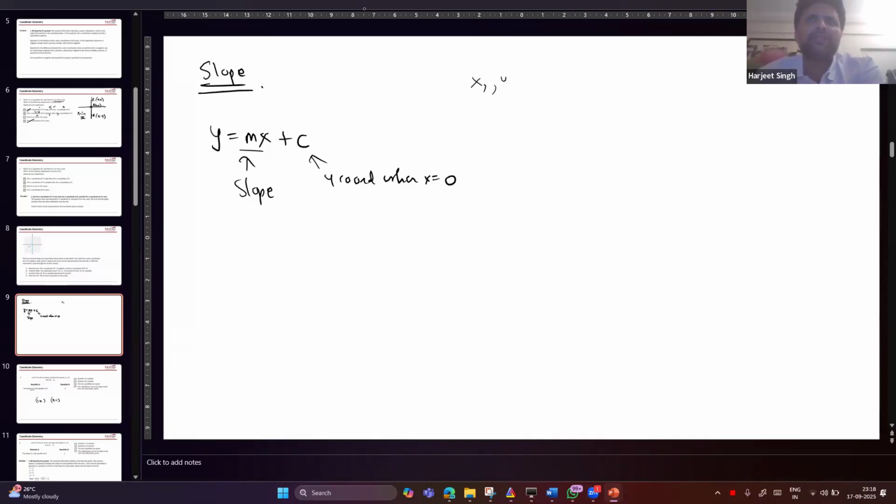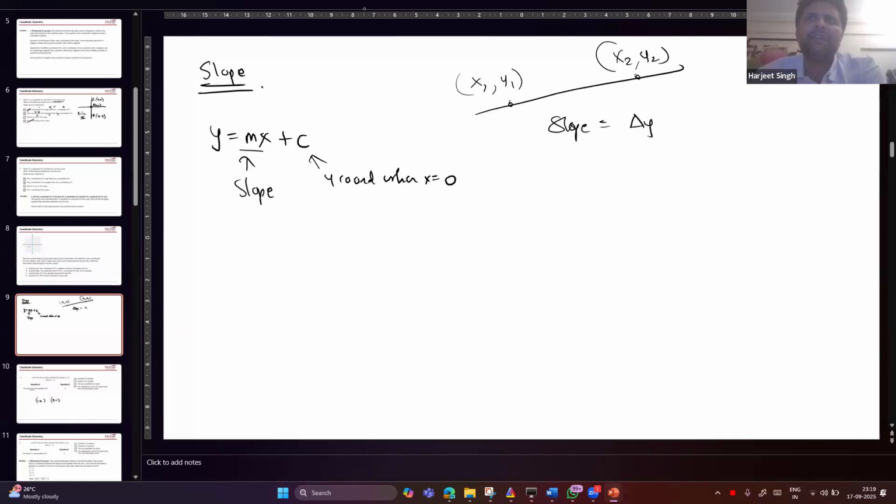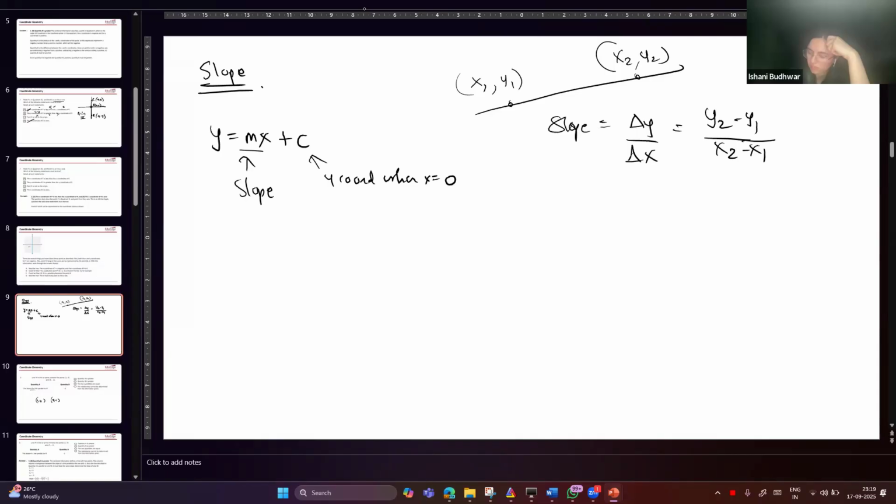Suppose the line passes through 2 points, x1, y1 and x2, y2. The slope will be given as the difference of y and the difference of x, which is y2 minus y1 divided by x2 minus x1. So that's your slope.